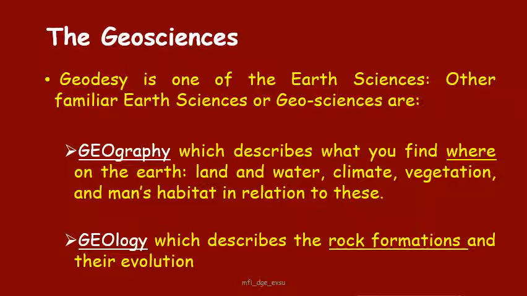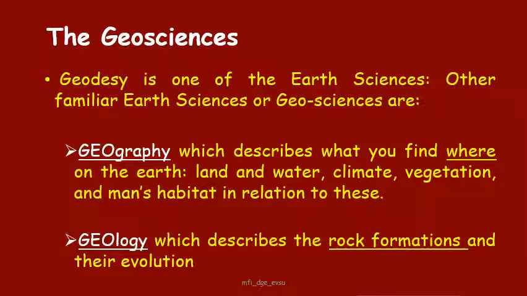We have geology. When we say geology, the rock formations and their evolution. What is the impact of geodesy on this earth science? In geology, our rock formation is affected by gravity.